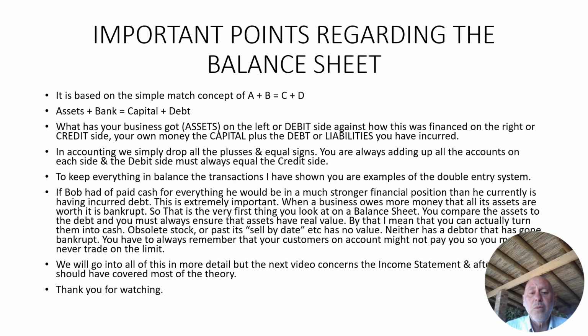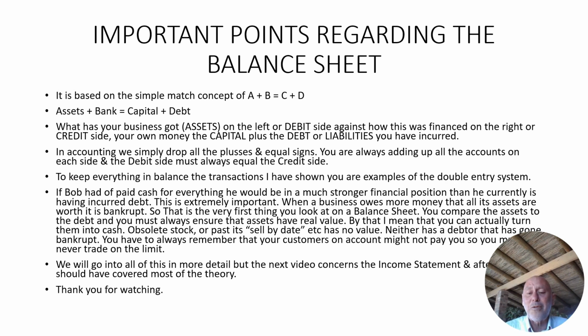So I've said to you, in accounting, we simply drop all the pluses and all the equal signs. On each side, the left-hand side is the debit side, and I remember that as well from when I was young. Left is 4 letters, debit is 5. It's the 2 shorter words. Right is 5 letters, credit is 6. It's the 2 longer words.